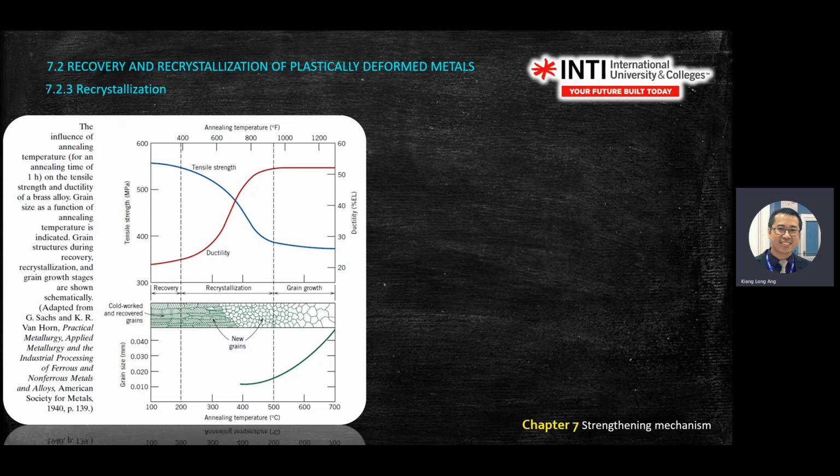So grain size will happen in the recrystallization and increase the grain size, the green line at the bottom here. So you can see before the recrystallization, there is recovery here. Recovery grains here. Then in recrystallization, you have a mixture of holes here, or new grain. We call it new grain.